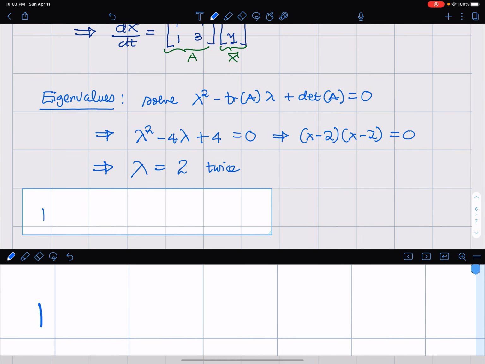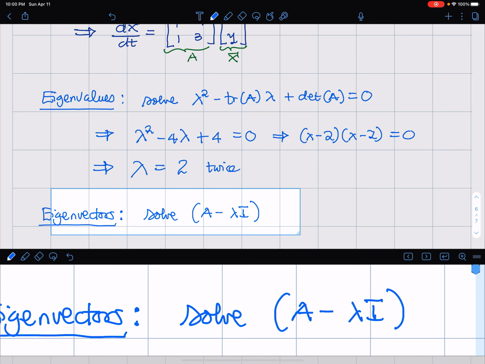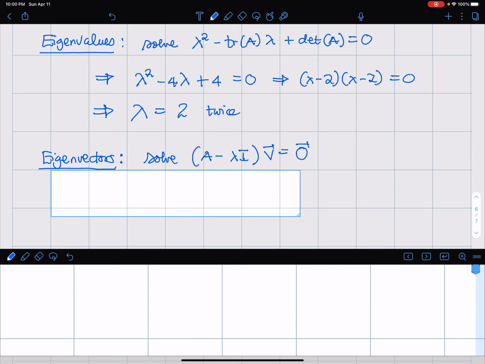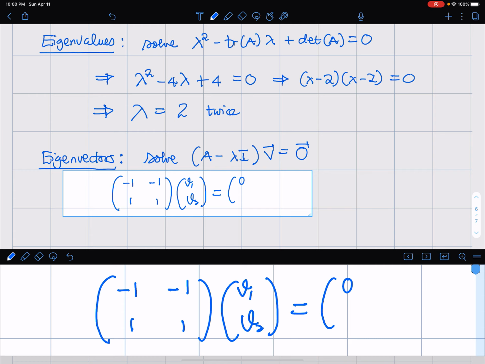So let's look for the eigenvector. We're going to end up with just one eigenvector, and we're going to manipulate that to get two eigenvectors. I'll show you how. For the eigenvectors, we need to solve A minus lambda I times V is equal to 0. If you do this, you end up with the matrix [-1, -1; 1, 1] times (V1, V2) is equal to (0, 0).